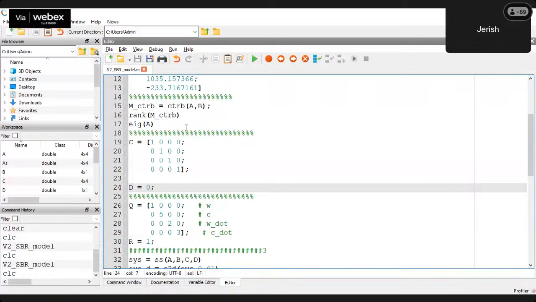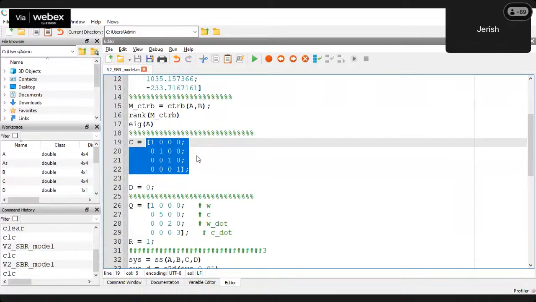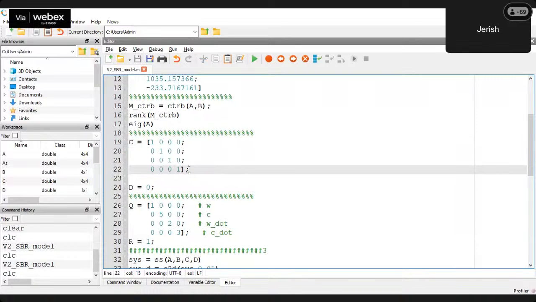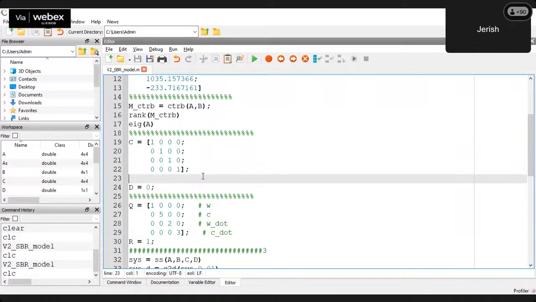So if the X matrix multiplies with this, since it is a unity matrix, the same states will be reflected in the output, which we want in our physical system. That's why this is the correct representation of the C matrix. We want to measure all the states of the system, and since that is possible physically, we want to represent that mathematically as a unit matrix, an identity matrix relation.